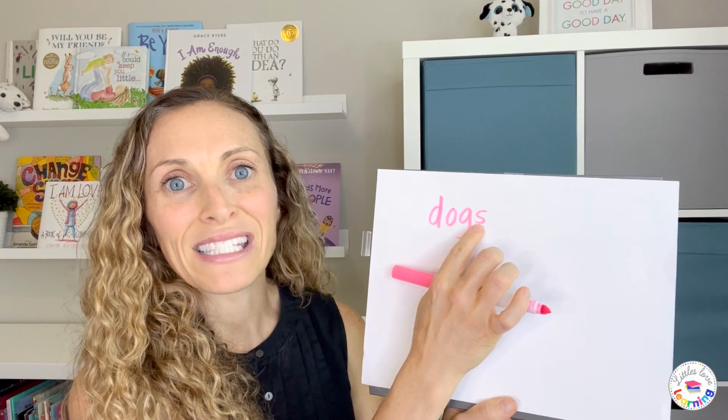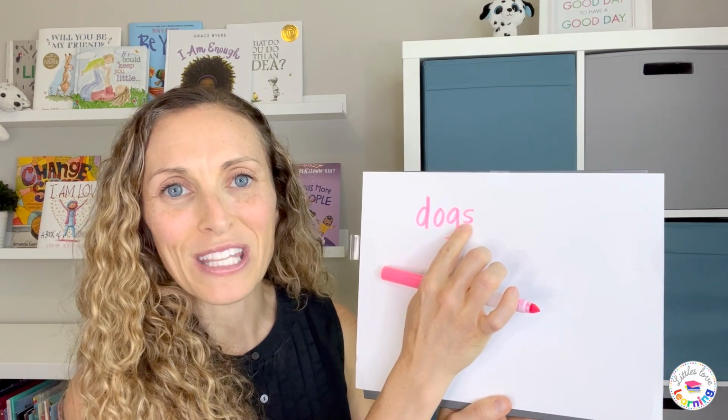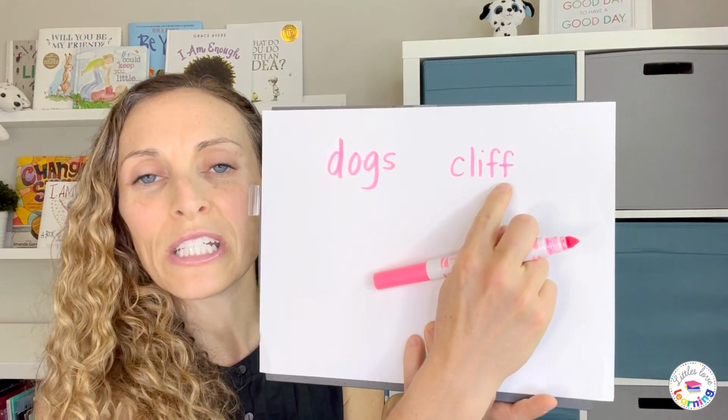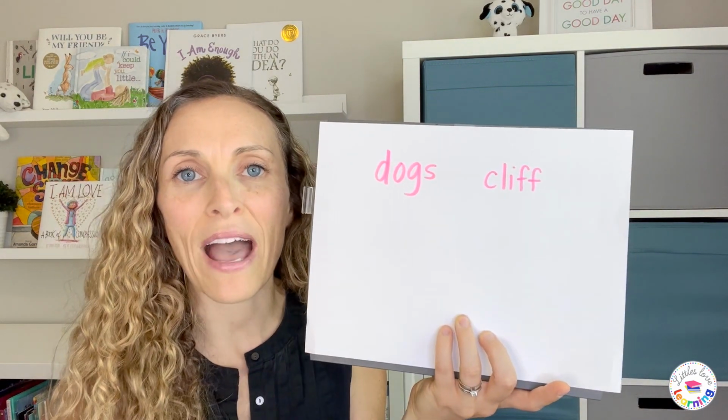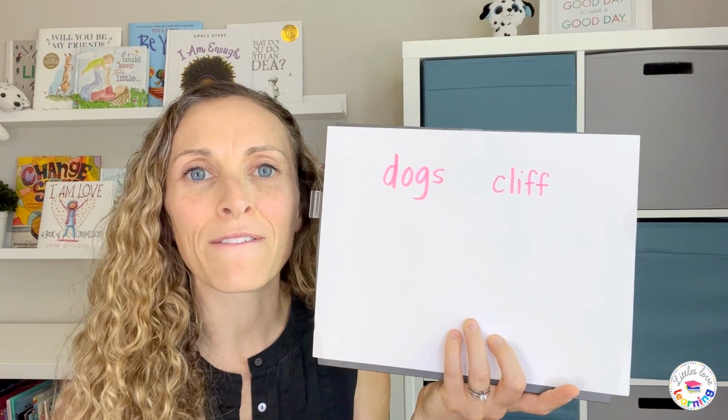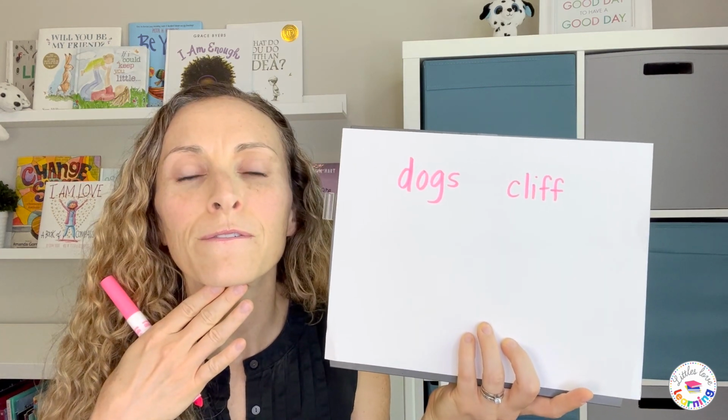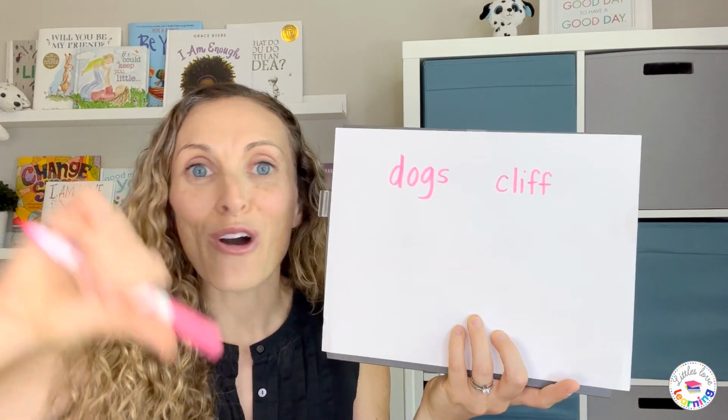So if our voice box on makes the S keep our voice box on for the Z sound, that means that if you had a word, let's say you had cliff, you're going to check the sound before you add that S. Cliff. That is a voice box off sound.